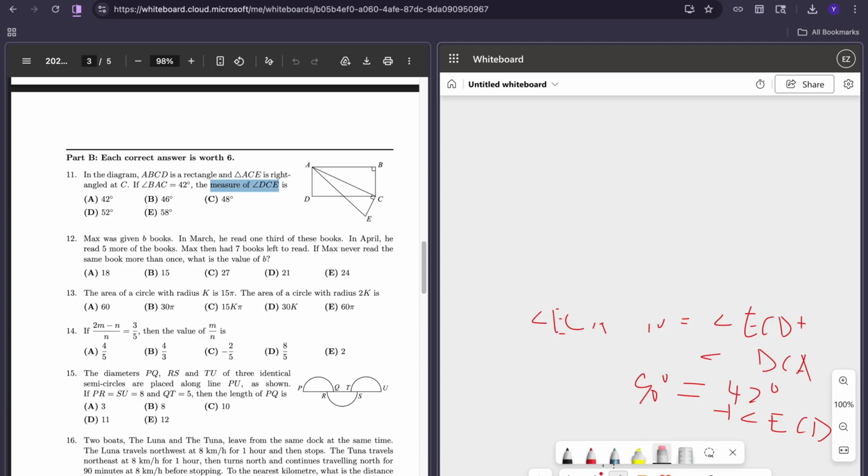So we get our angle ECD should be equal to 48 degrees. So our right answer is C.